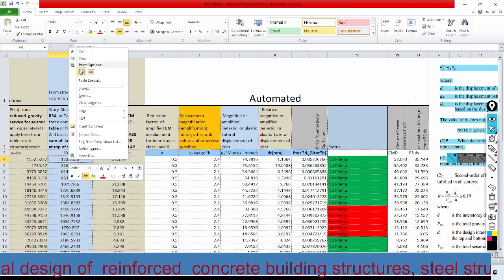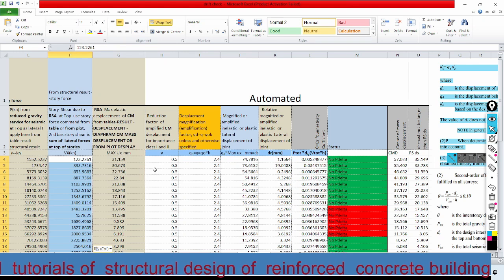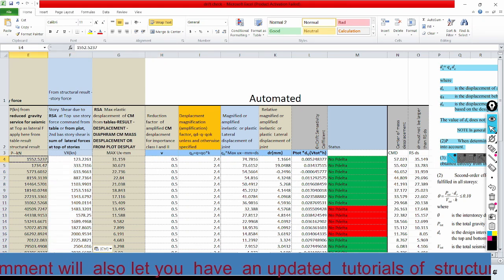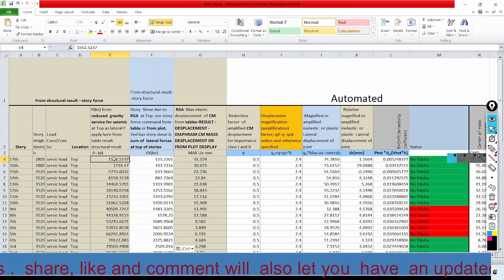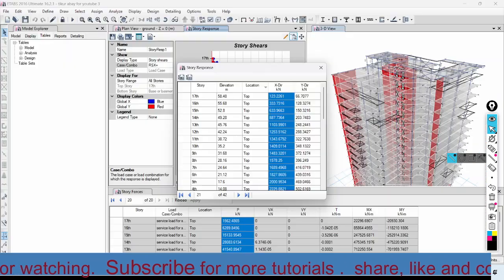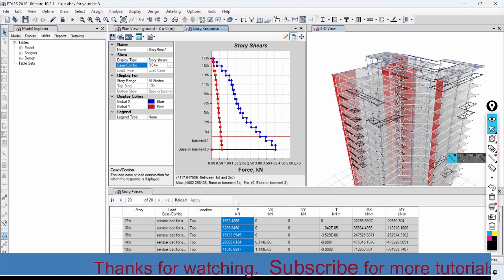So just paste it here, and I have to come back to also the gravity load in positive x direction.